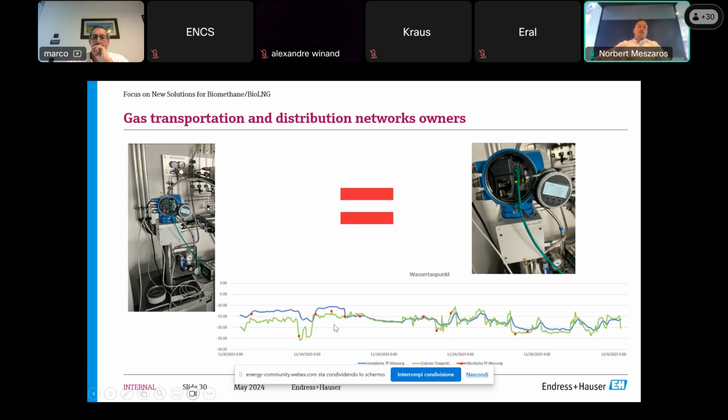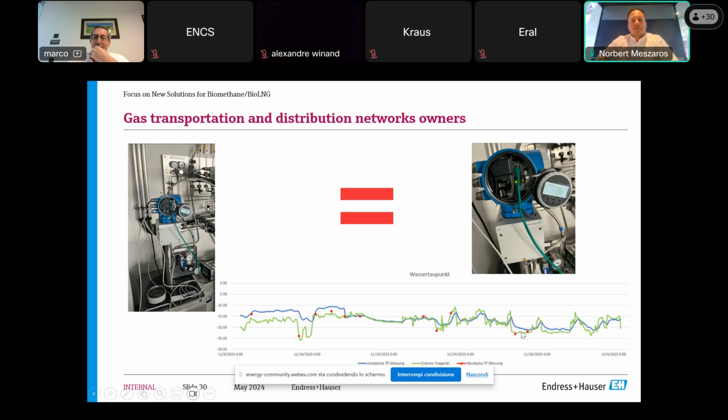Right at the beginning the customer asked us, can you set an offset? And we said, yes, generally it's possible, but please wait a bit. And after roughly one good week, the customer said, we will set an offset, but for our device and not for the Endress+Hauser device. And since then, the measurements were quite similar.